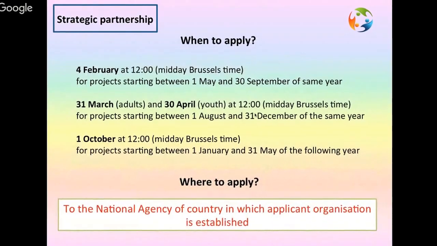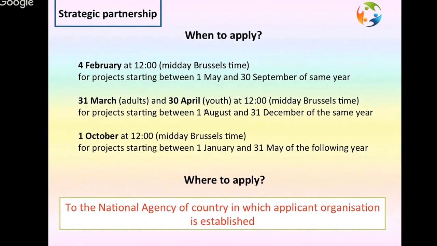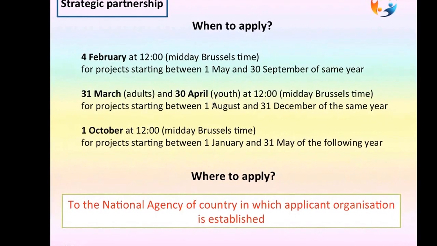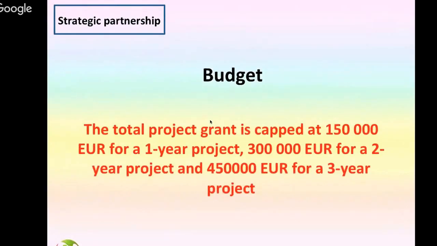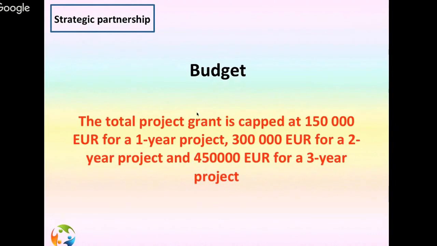We have 3 deadlines. 4th of February, 31st of March for the adults and 30th of April for youth, and then 1st of October. And you apply directly to your national agency. The budget that we have for a strategic partnership is €150,000 for a 1-year project.